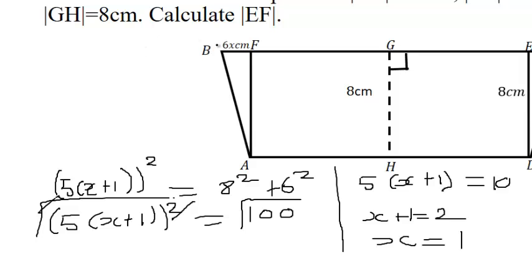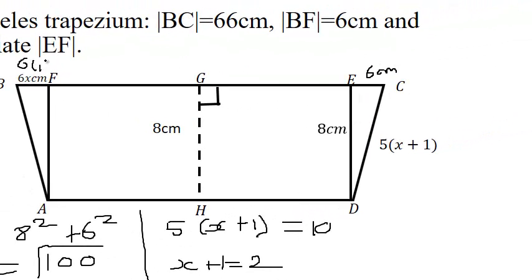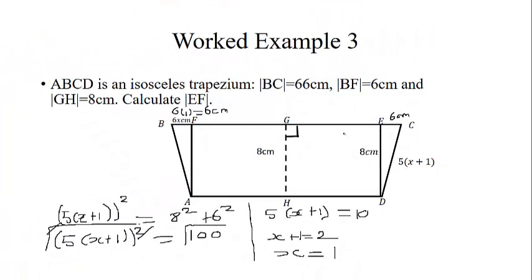So if x is equal to 1, then this will be 6 times 1, which is equal to 6 centimeters. And if this is 6 centimeters, this is also 6 centimeters. And we know that BC is 66 centimeters.